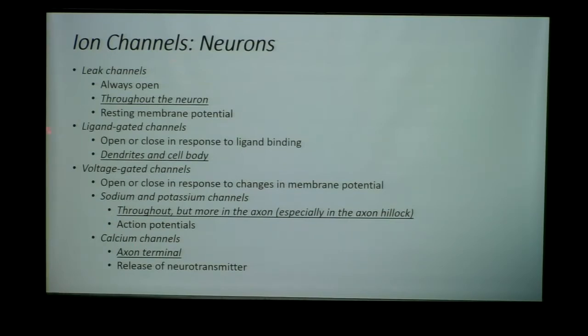Whereas our leak channels contribute more to the resting membrane potential, these are important in action potentials. And then finally, calcium channels are going to be on the axon terminal. These are responsible for the release of various neurotransmitters. So basically that final communication where one neuron speaks to another neuron. Okay, so it's important for us to distinguish these types of channels.